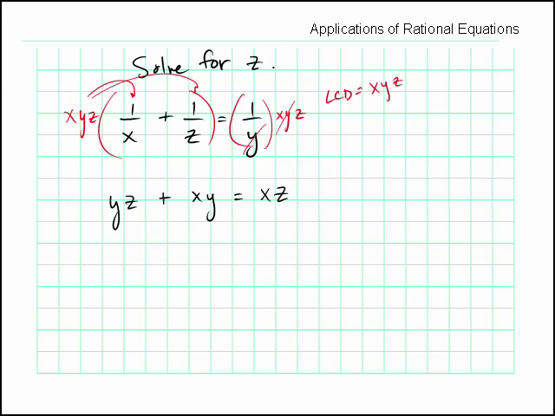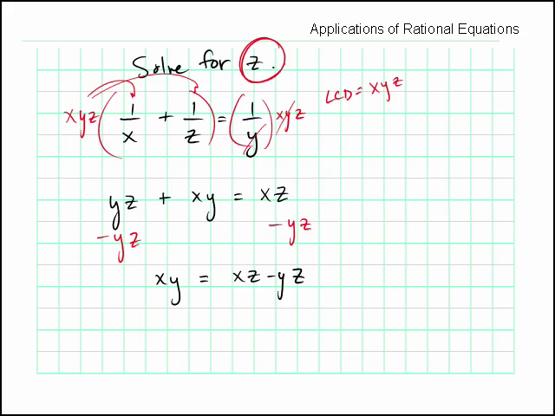Okay, now remember we're trying to solve for z here. So I need all the terms with z on one side and all the terms without z on the other side. So the easiest way to do that is to subtract yz from both sides, just like that. So we've got xy equals xz minus yz.